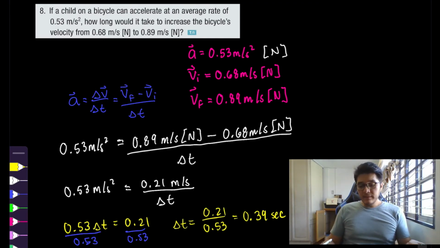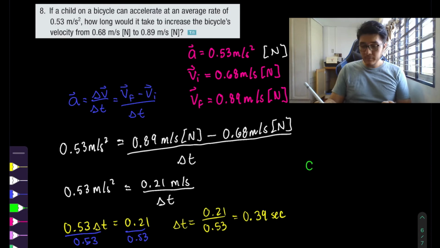Now, it's not the nicest way to solve this question. Let me just quickly show you an easier one. So from the formula, we have acceleration equals the change in velocity over the change in time. And since they wanted to find the change in time, we could just isolate it from here.